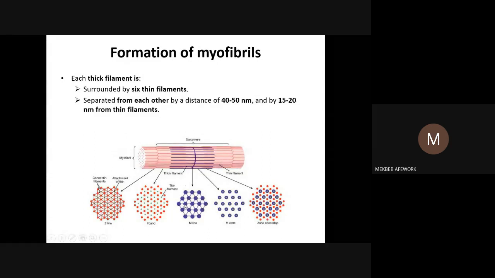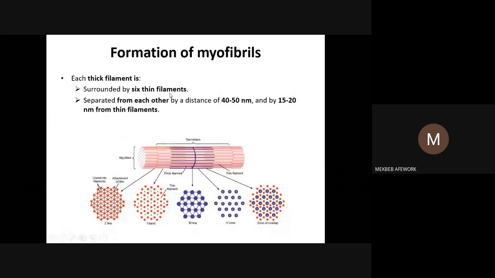disposition. Always the distance between thick filaments, and between thick and thin filaments, is limited for a specific type of arrangement, so that sliding in and out is effectively achieved. And for this, the thick filaments, here indicated by the blue outline, you can say blue or violet, are surrounded equidistantly by 6 thin filaments.